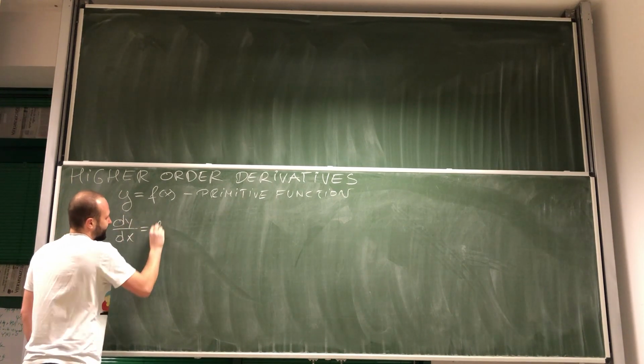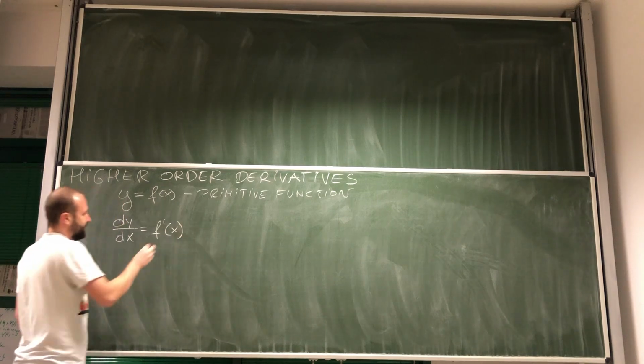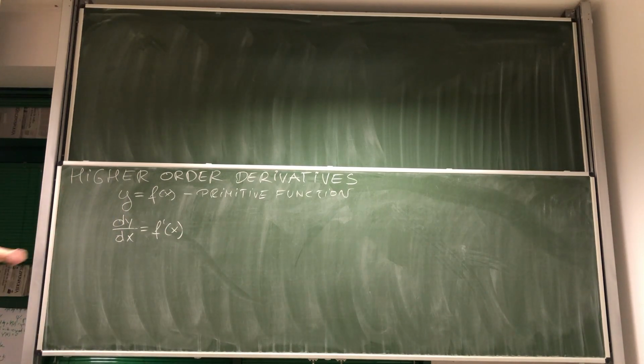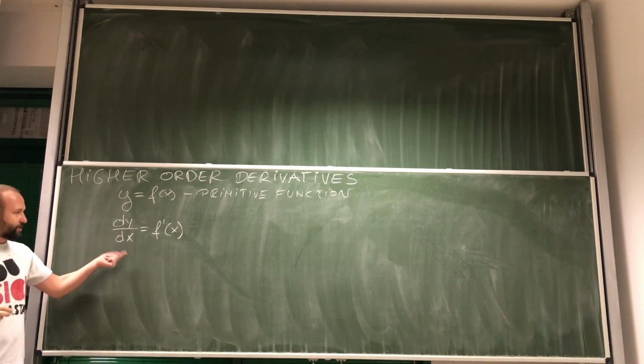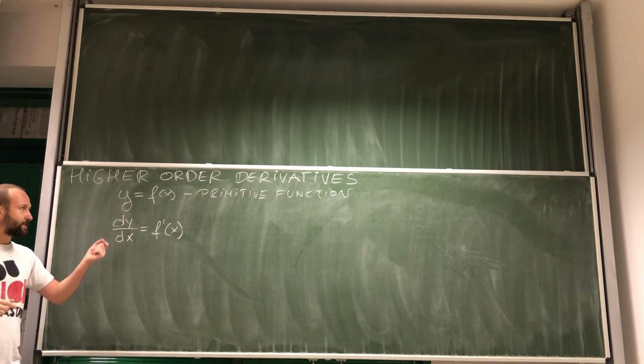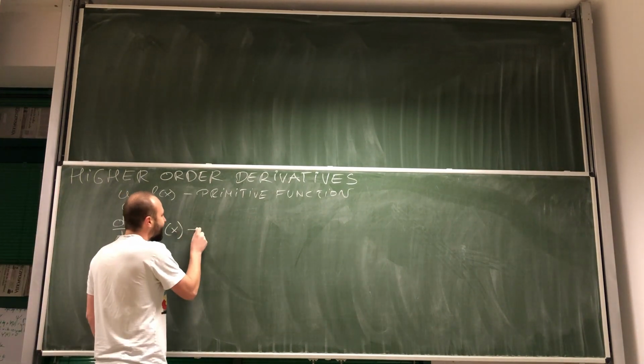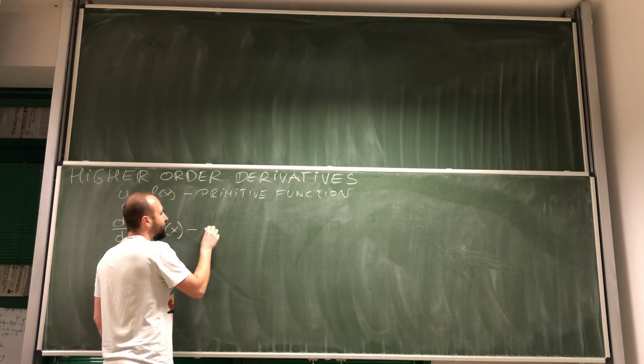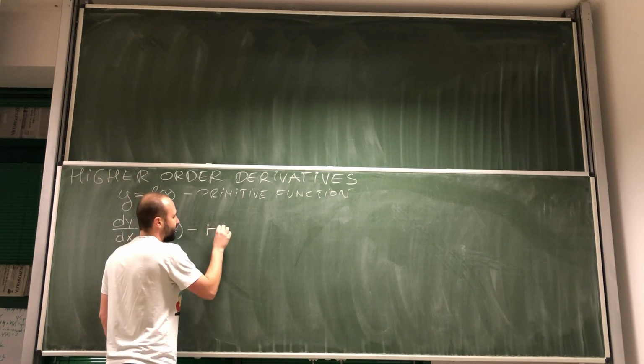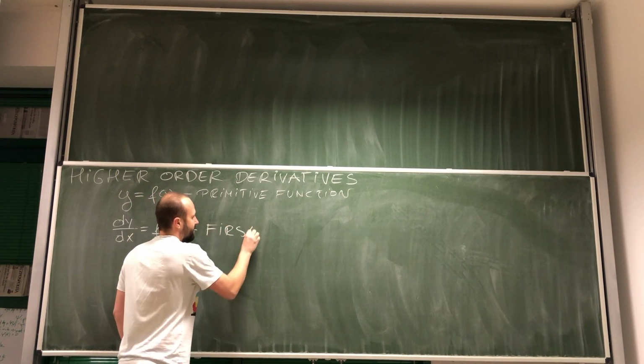Which is the same as f prime of x. And this we call the derivative function. But look, I differentiated this function just once. So the precise terminology for this would be calling it the first derivative.